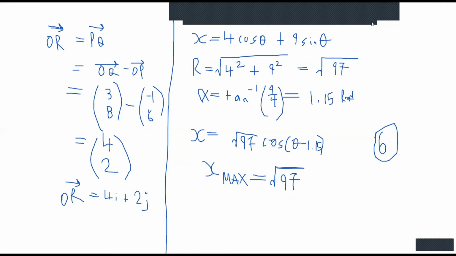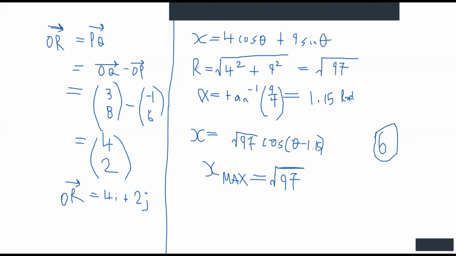Remember the formula? Think of this as A and B. So r is equal to the square root of A squared plus B squared, 4 squared plus 9 squared, which gives root 97. That's r. Cool with that?